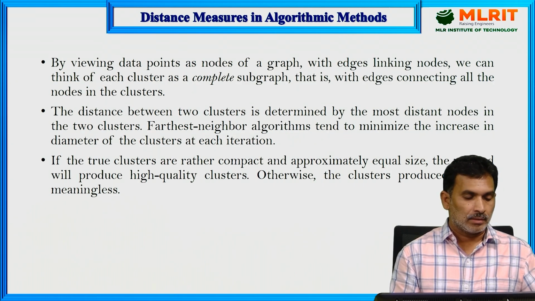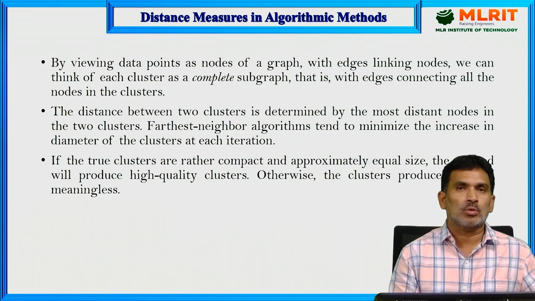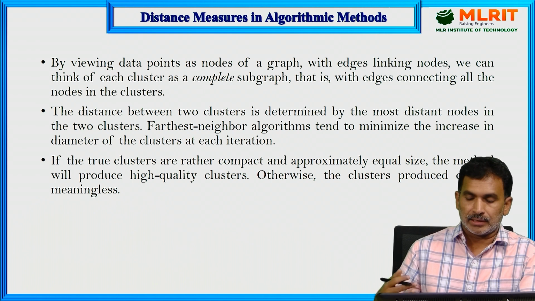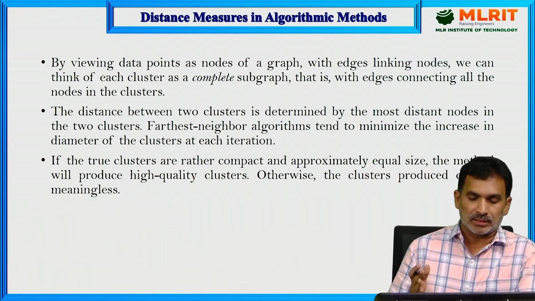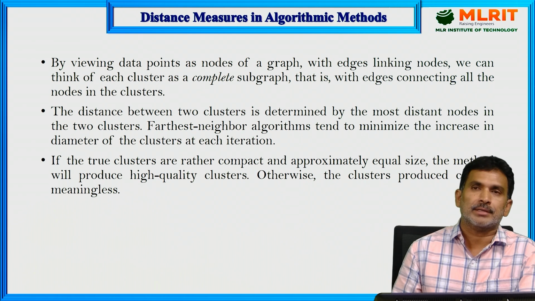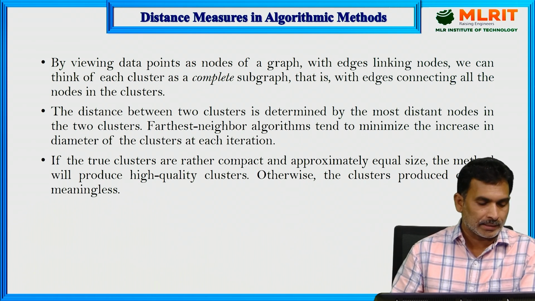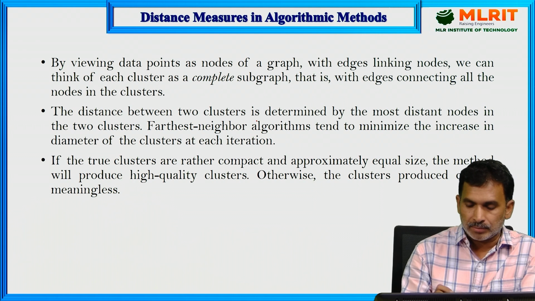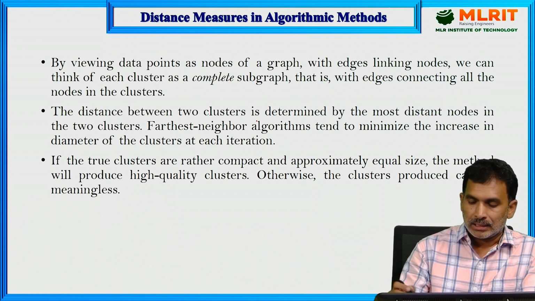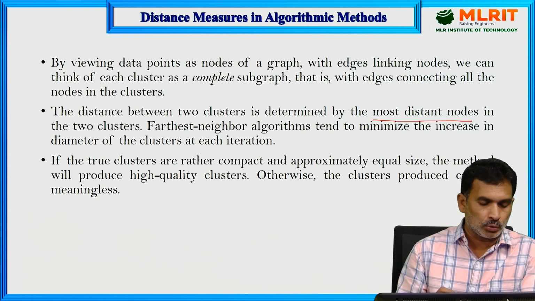By viewing the data points as nodes of graphs with edges linking nodes, we can think of each cluster as a complete subgraph, with edges connecting all the nodes in the cluster. The distance between the 2 clusters is determined by the most distant nodes in the two clusters.